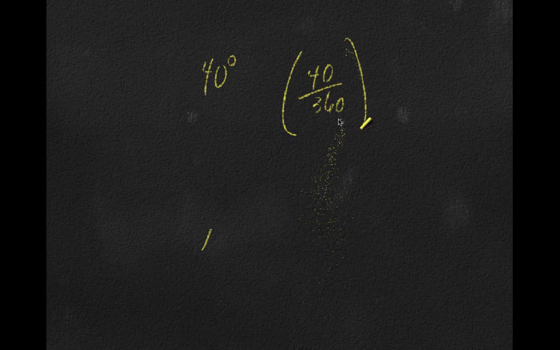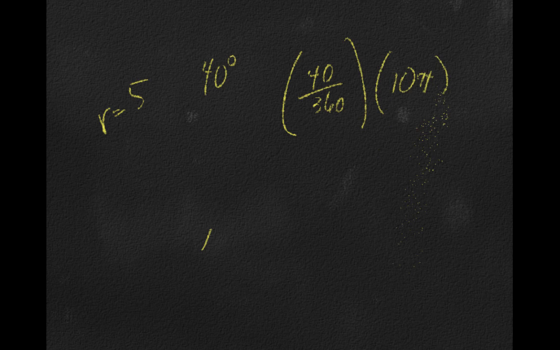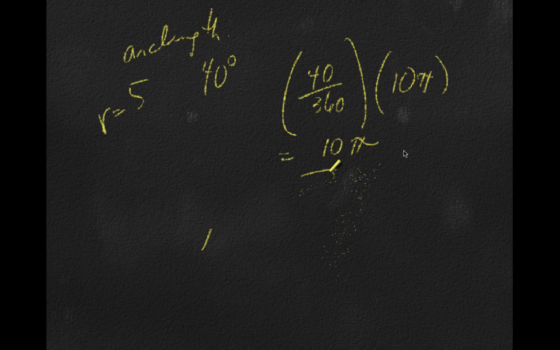The circumference of the entire circle is 10 pi. This is still for arc length. And then 40 over 360 is 1 over 9, so 10 pi over 9. You would have put it in your calculator, I'm sure, and gotten a decimal. I still don't really want you to do that. So this is how you would have done it before.